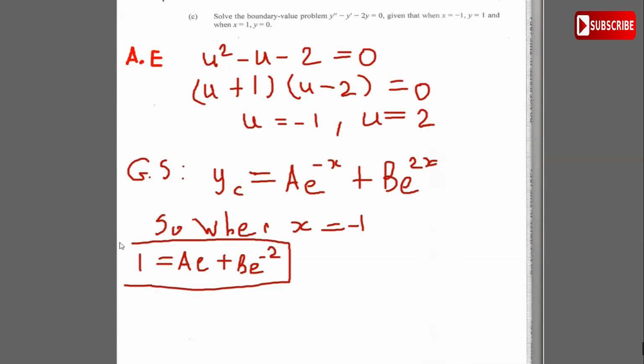That's one equation. Now when x is 1, we're going to get a different equation. When x is 1, y is 0.